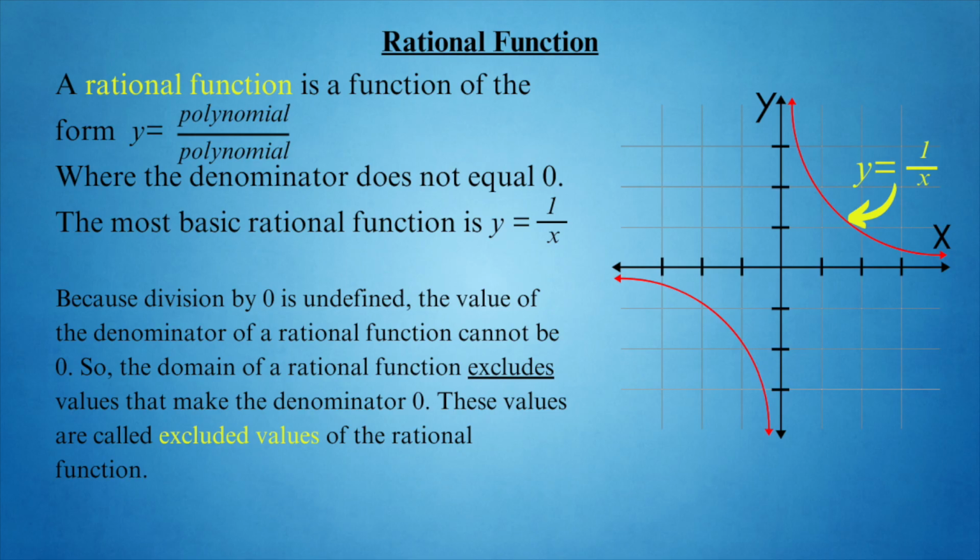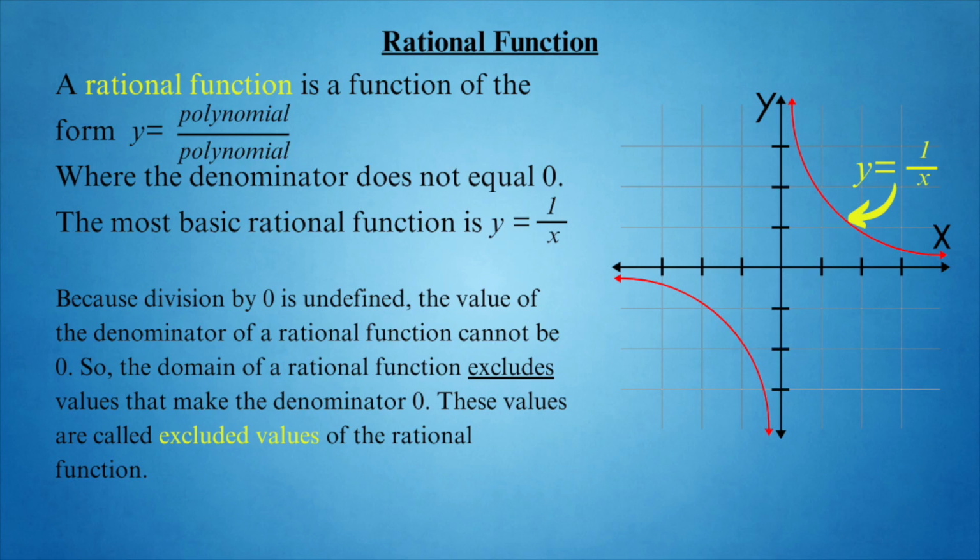And so we're noticing that there are certain values in our domain where there are no points. If we look right here, we can see that they're approaching the y-axis, but none of the points actually fall on the y-axis, because that would be our excluded value.